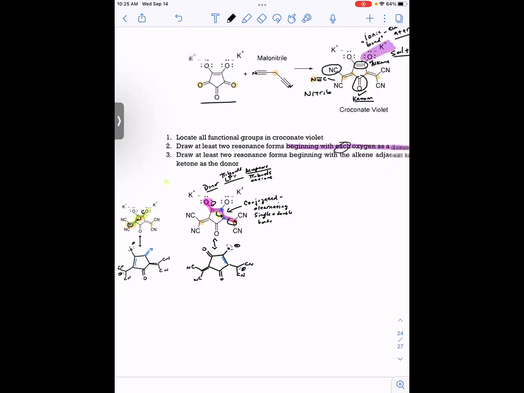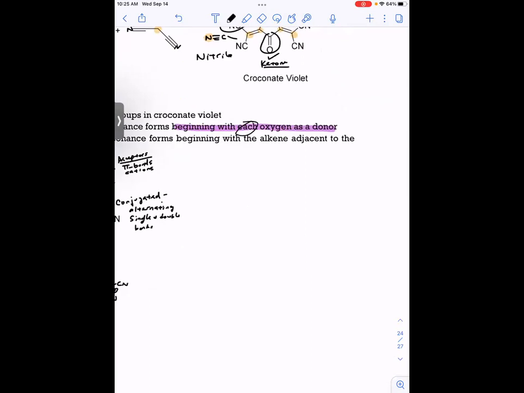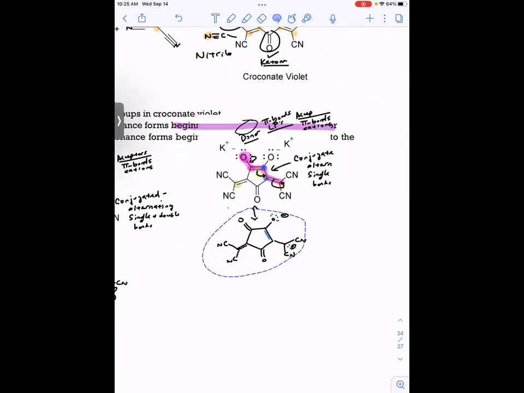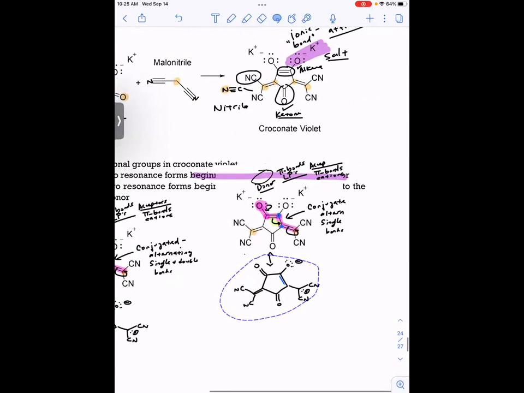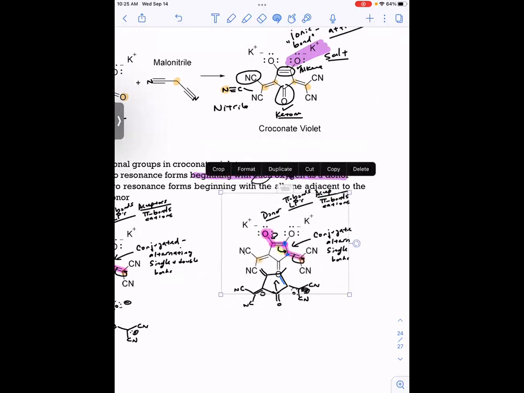All right. So now the third question says, draw at least 2 resonance forms beginning with the alkene adjacent to the ketone as the donor, because we know that pi bonds can be both donors and acceptors. So let's work those out. Let's see what we can do. Let me just erase all that.